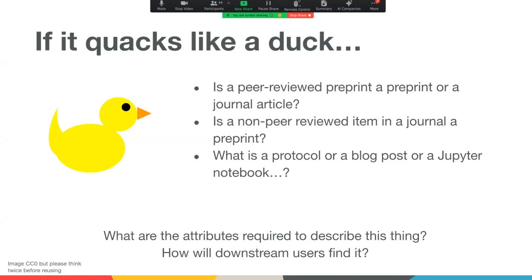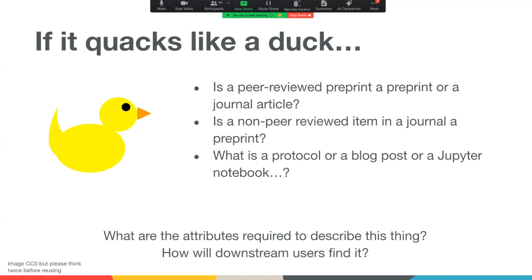And then organizations come to us and they say, well, we have things like a protocol or a blog post or a Jupyter notebook. How can we register our metadata with you? What type attribute should we give it? And this is challenging, and we don't have all of the answers to that yet. But I think we need to ask the question of, you know, what attributes are required to describe this thing?